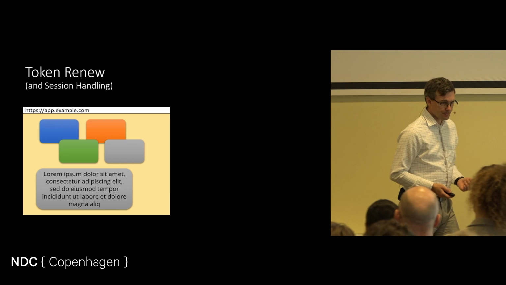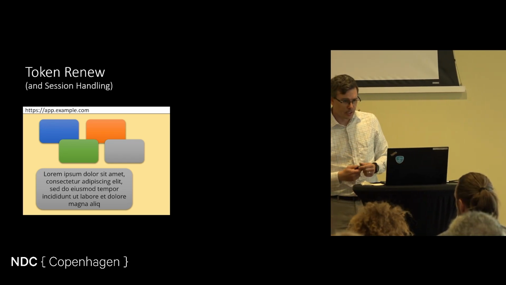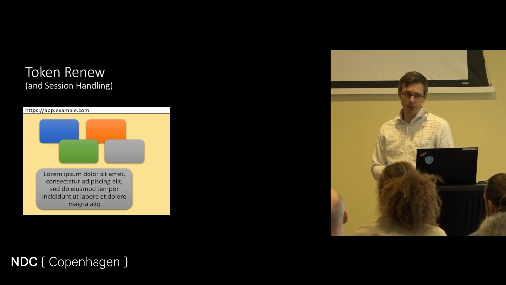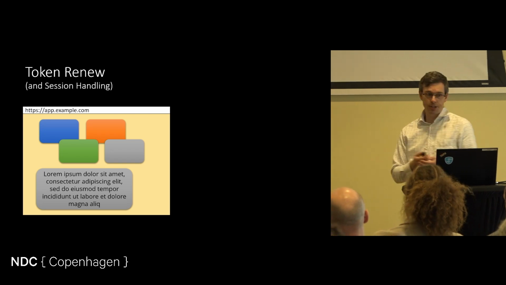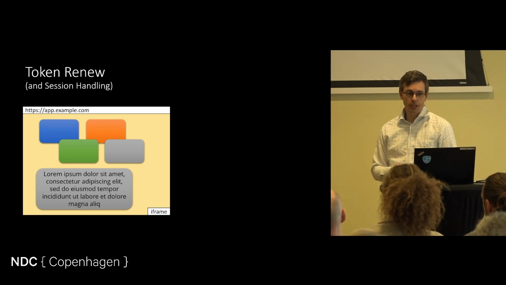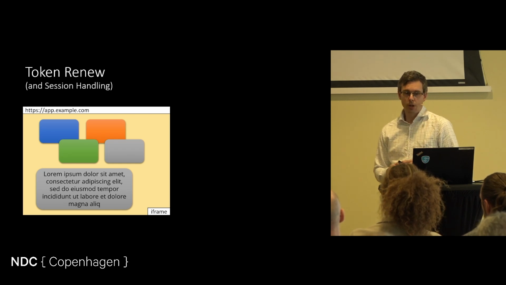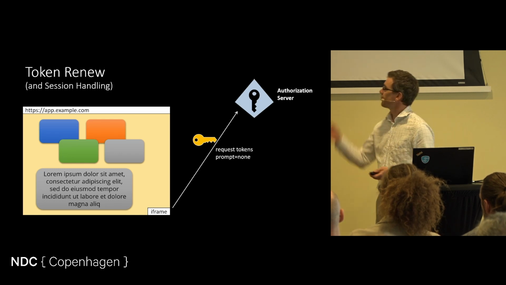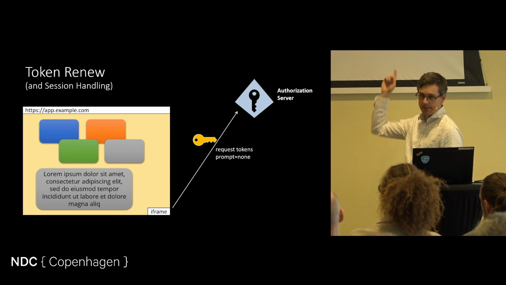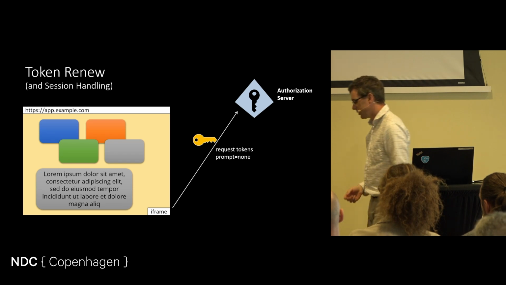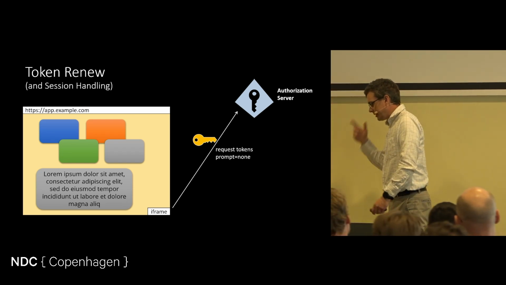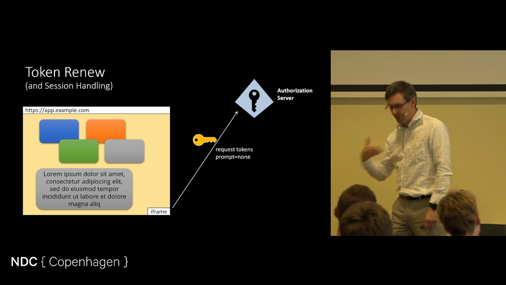So what did we do for browsers? Well, the idea was simple. If we have a single-page application, we render a small hidden iframe. This small hidden iframe renders a page from the authorization server where it requests tokens with the prompt equal none setting, meaning that this should just reuse the existing session.